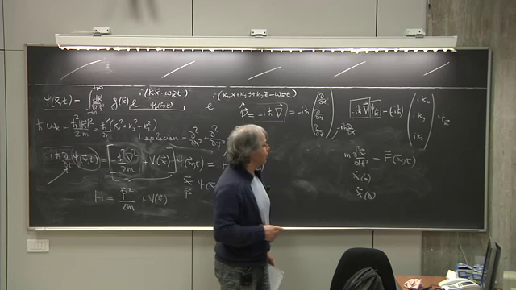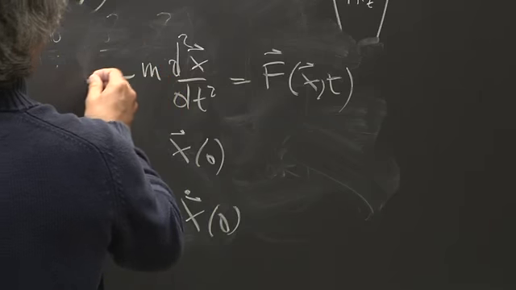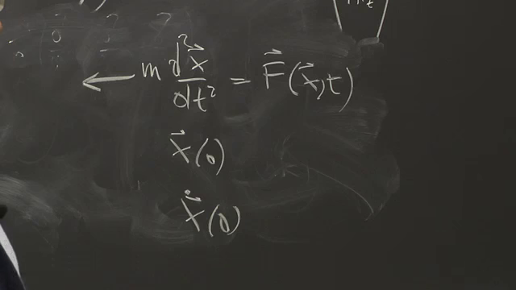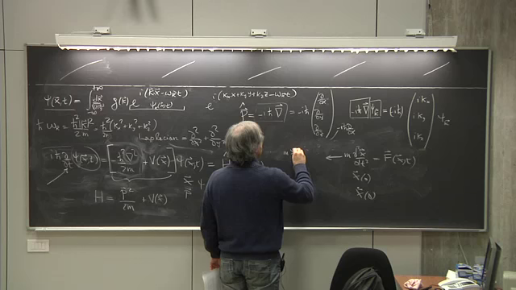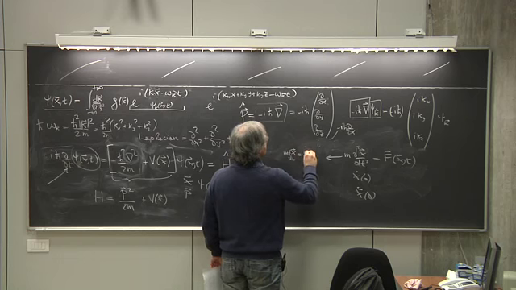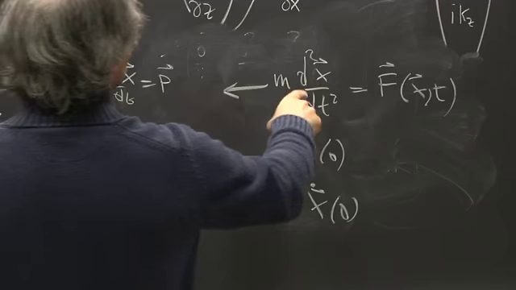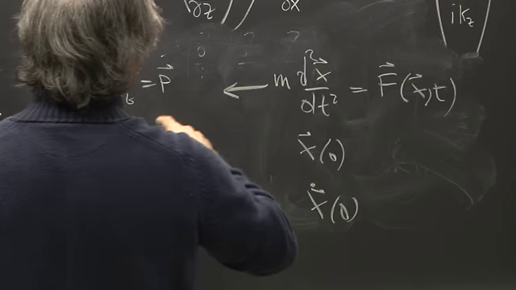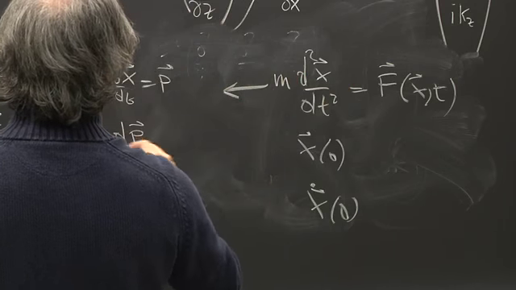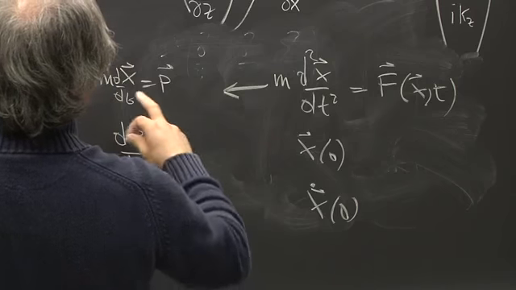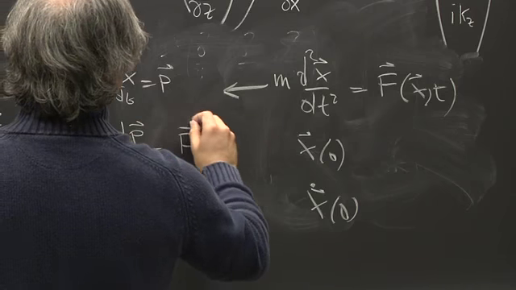At the same time, you can reduce this to a first-order problem in the usual way. You just define the derivative with respect to time of x as being the momenta. And obviously, the derivative of the momenta with respect to time is equal to the force.